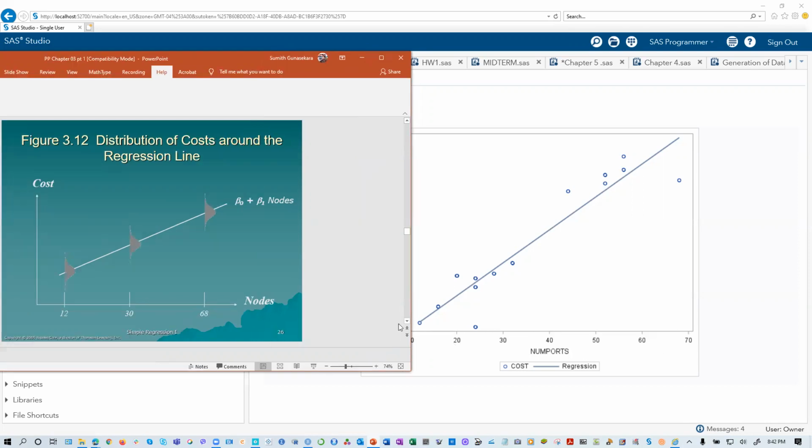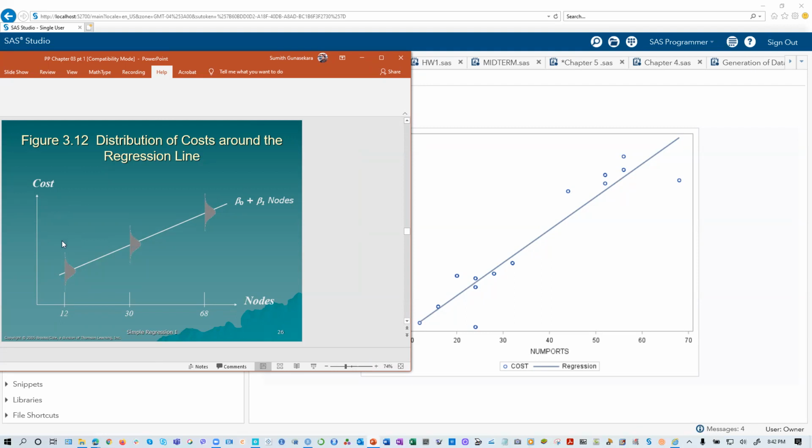Number of ports. There's a straight line too. How do you denote this? Y hat equals b0 plus b1x. This is not that. This is a population version, and this is a sample version. For a given 12 nodes, they believe that your cost is going to have infinitely many values.